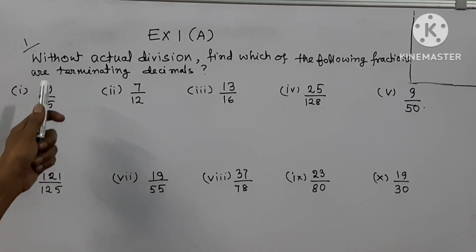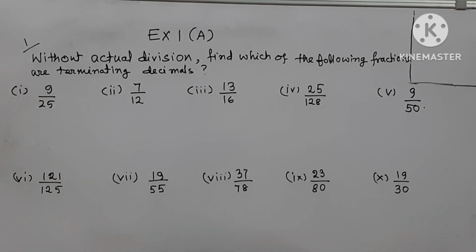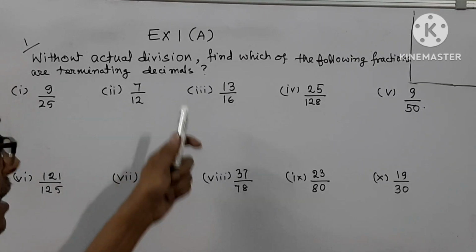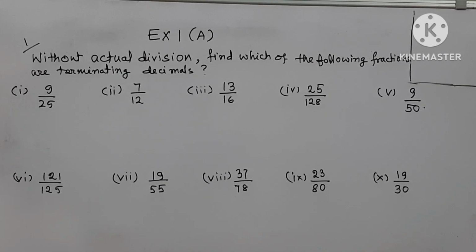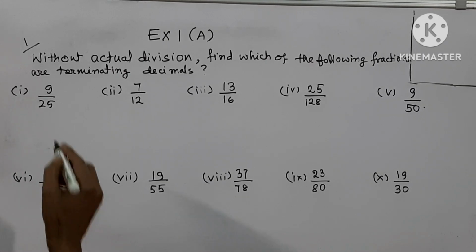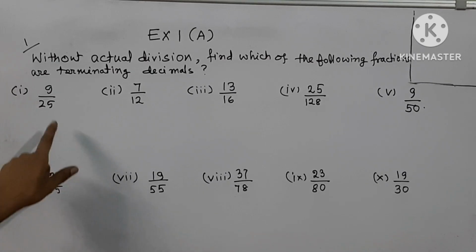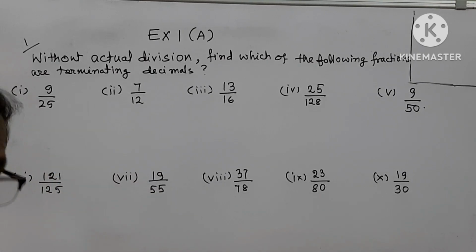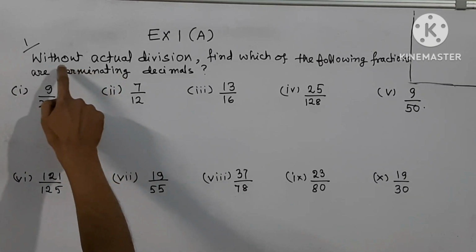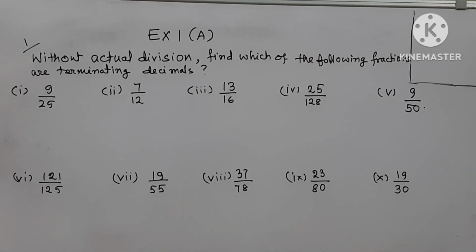So now we will see 9 by 25, whether it will be a terminating decimal or a non-terminating decimal. If you divide this 9 by 25, you can easily understand, but the condition is that here it is written without actual division.